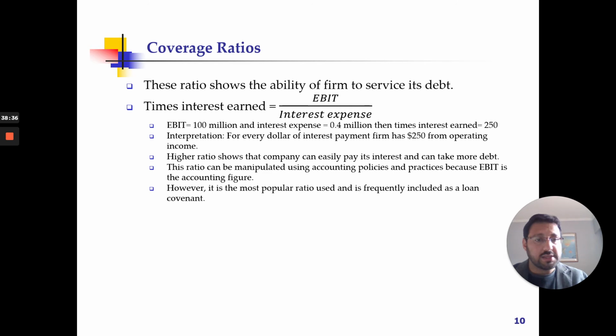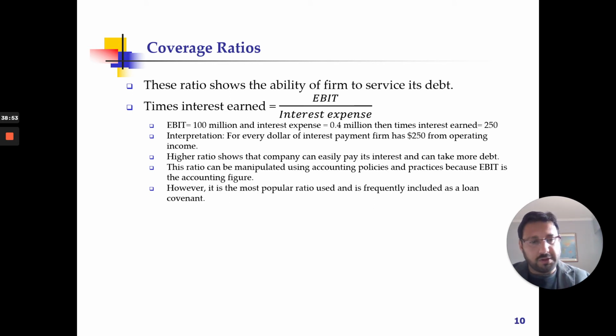Coverage ratio shows us how easy it is for the firm to service its debts, to make the interest payments or any fixed charges, for example, lease payments, preferred dividend payments or the principal payment.